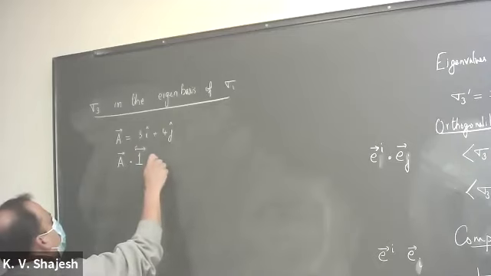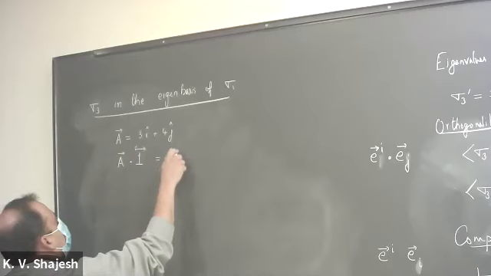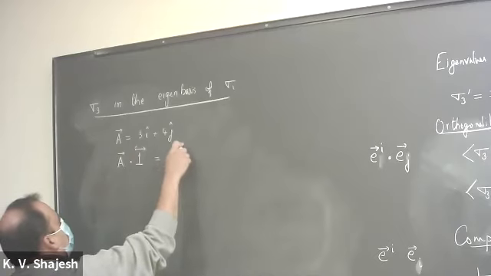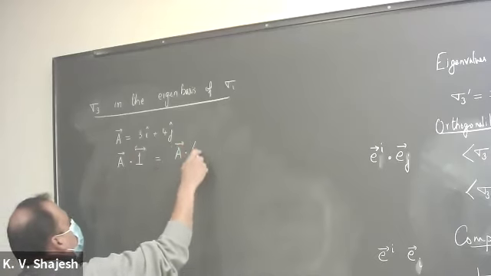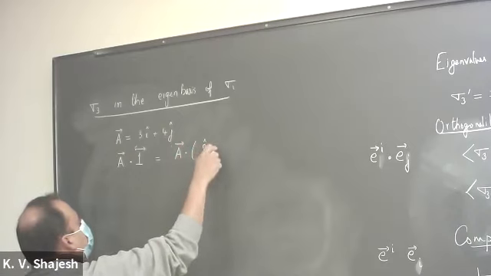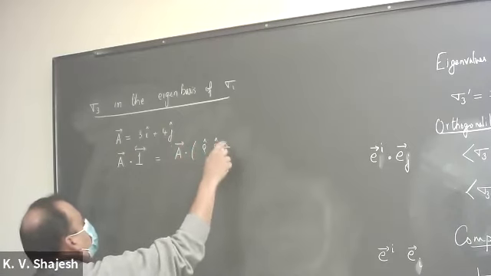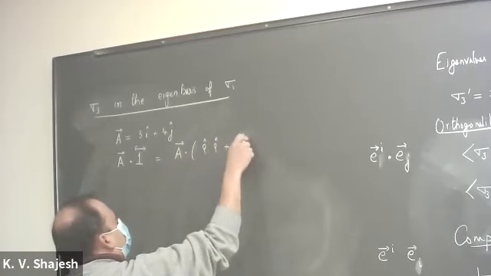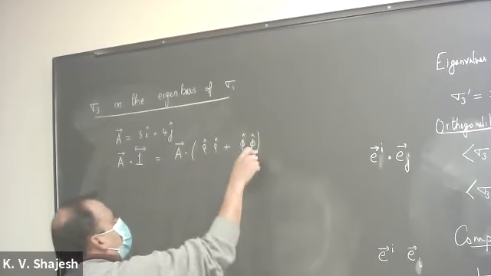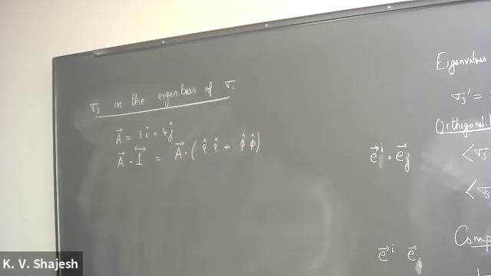And then what is the completeness relation in spherical or polar coordinates? It's rho hat rho hat plus phi hat phi hat, right?